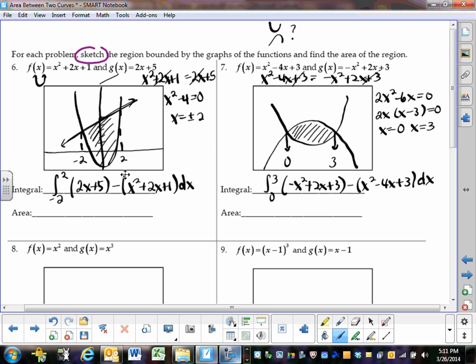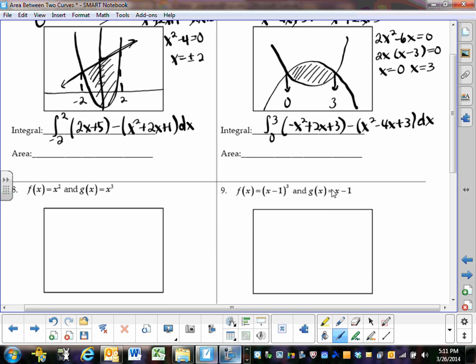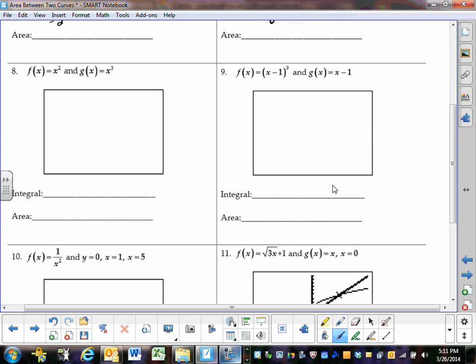So again, work right now on making sure you can set them up, not as much the algebra. That's really on you to be able to do at this point, and anti-deriving polynomials and trig and exponentials.